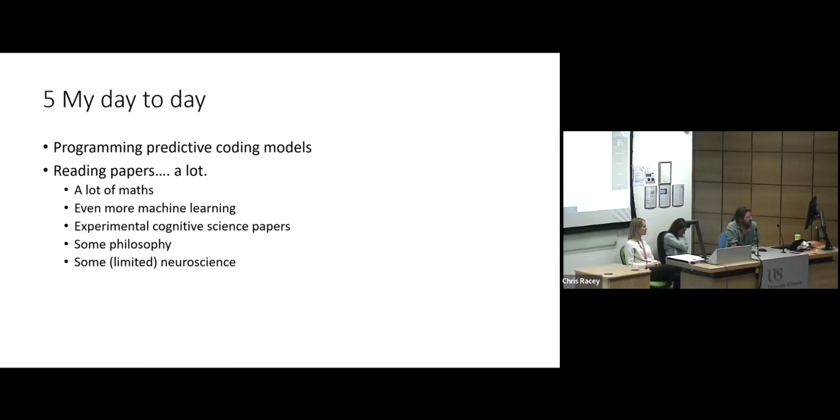Some experimental cognitive science papers, because I was looking for results that we can compare with what our model predicts. Quite a lot of philosophy, as I was saying a minute ago. We have Andy Clark, who's a philosopher in the informatics department, world-renowned and very big in the idea of predictive processing.